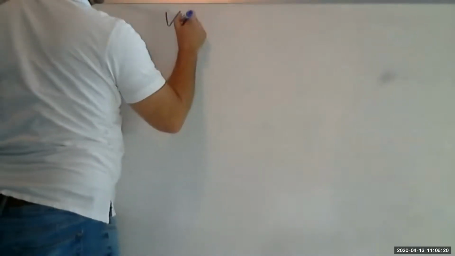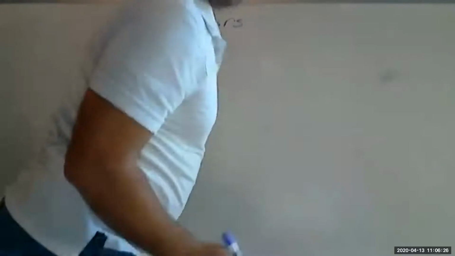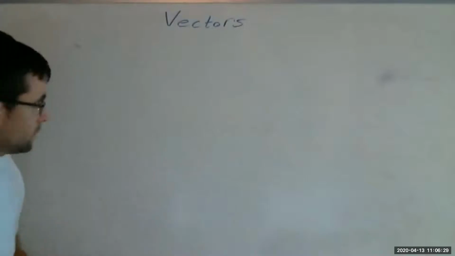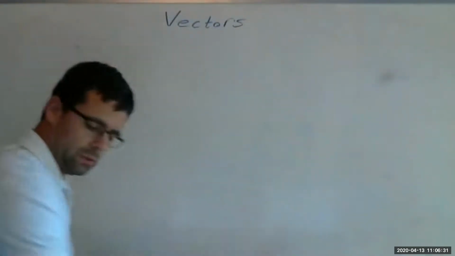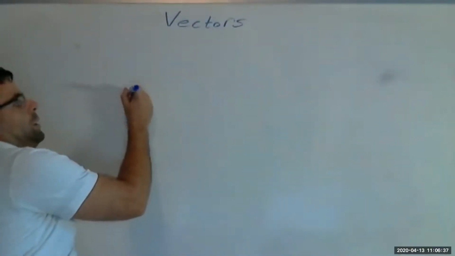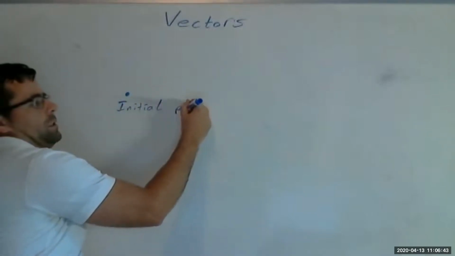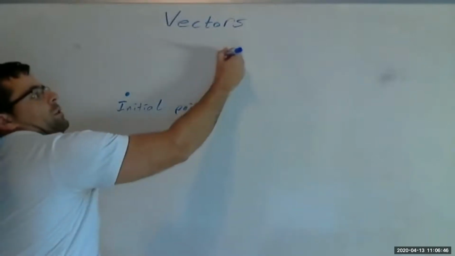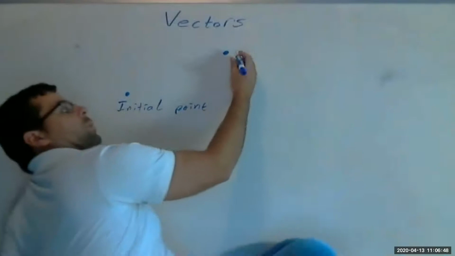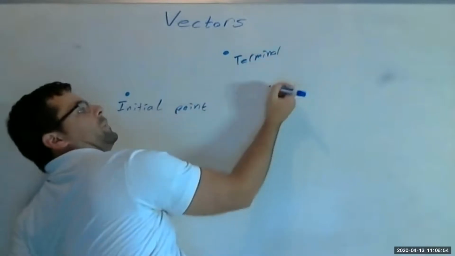All right. So we were talking about this new mathematical object called vectors. And a vector is an arrow that goes from one initial point to what is called a terminal point.